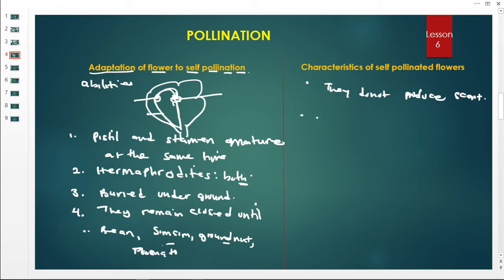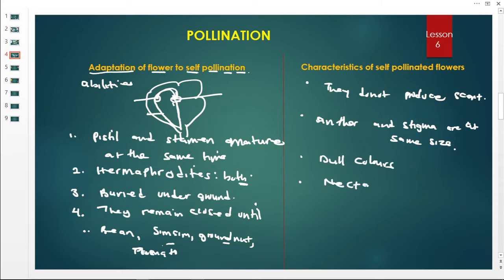Then two, the anther and the stigma are at the same size, so they are equal. Then number three, they have dull colors, and number four, they don't produce nectar.